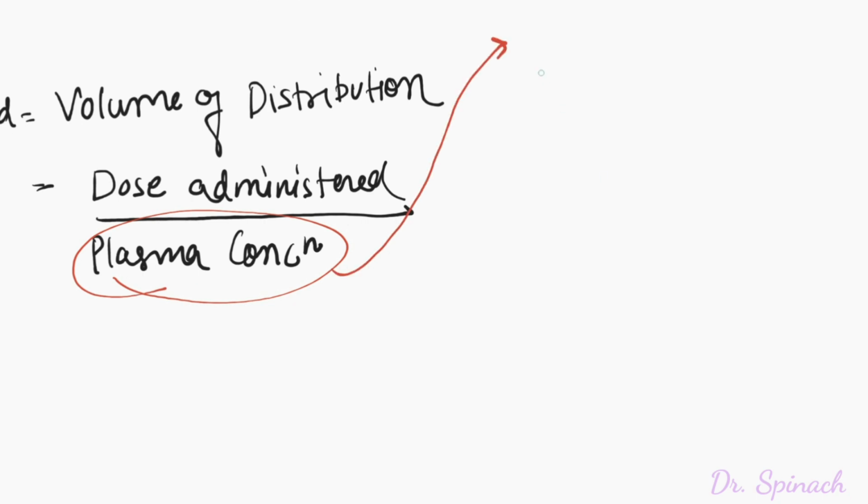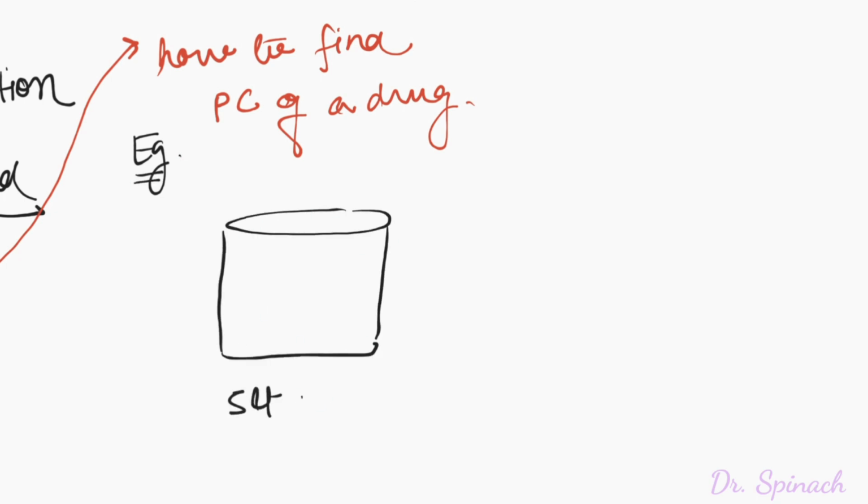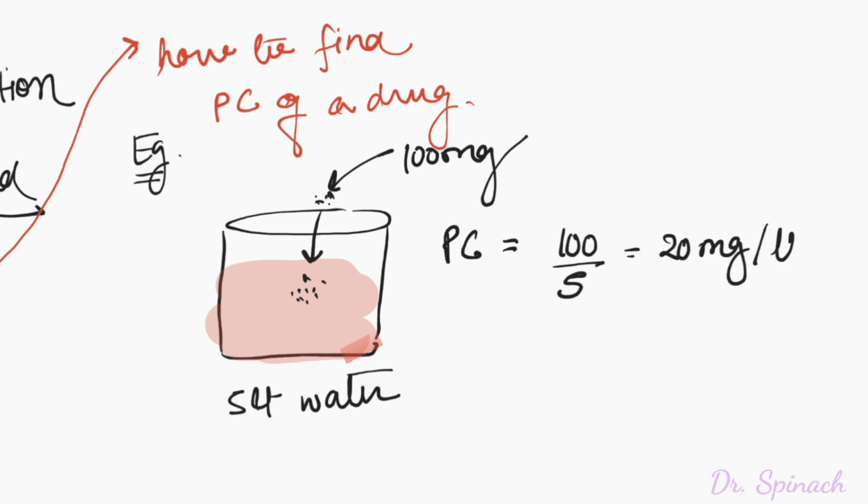So, how to find out the plasma concentration of a drug? Let's understand this by an example. We took a beaker filled with 5 liters of water. Then we added 100 mg of a drug into the beaker. The plasma concentration achieved would be 100 divided by 5, that is 20 mg per liter.